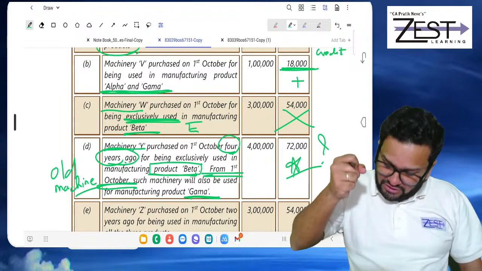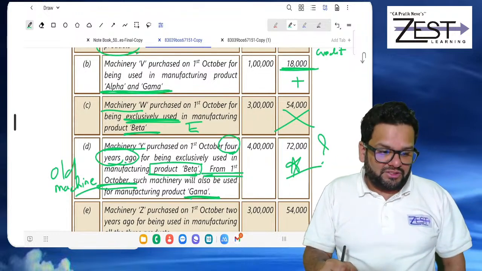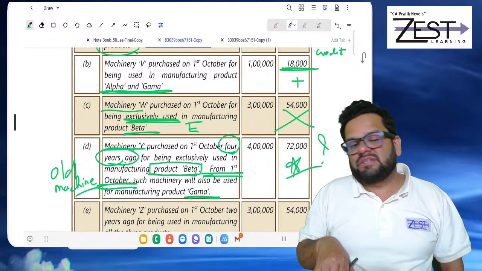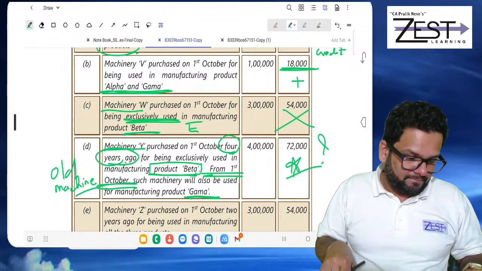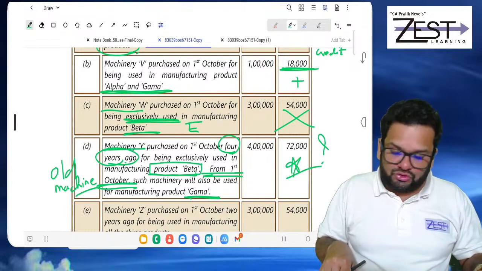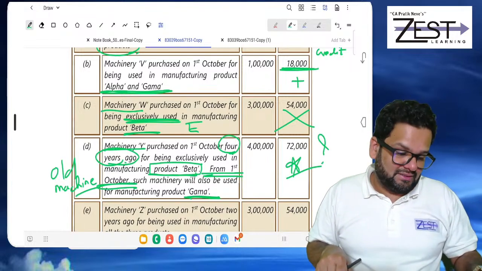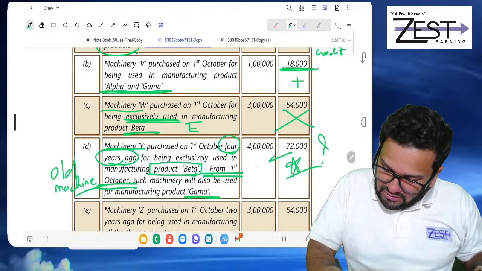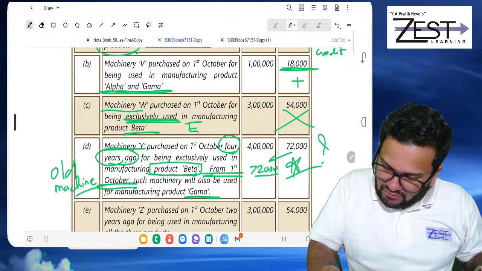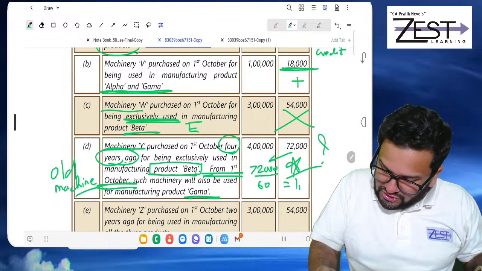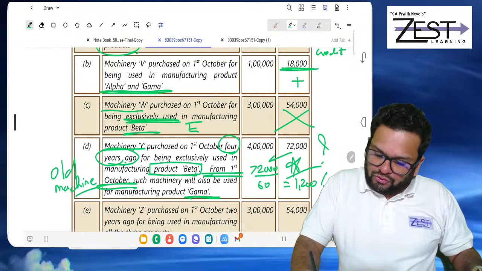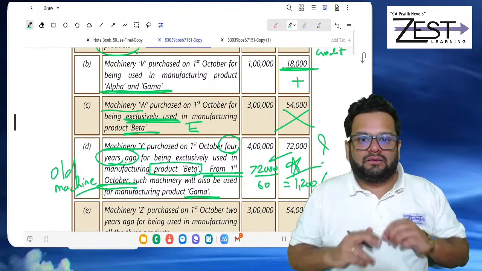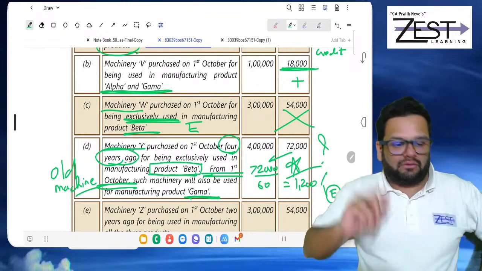But why is the information given now? Information is given now because out of 72,000, in this month usage is 72,000 divided by 60, which is 1200. Out of 1200, how much is for exempt? On that, ITC you will pay back to the government.